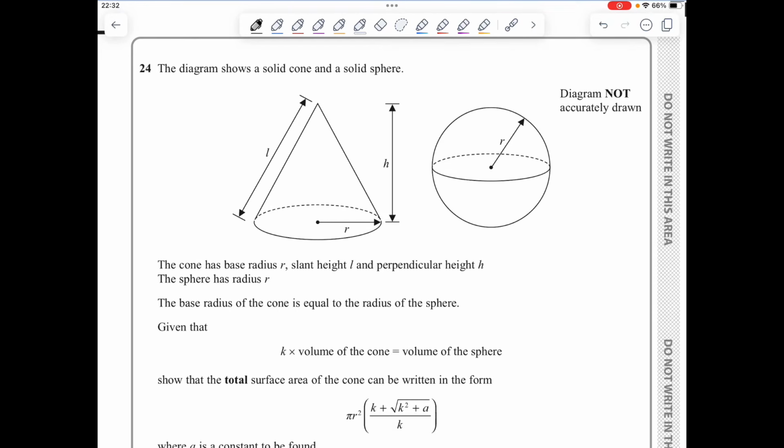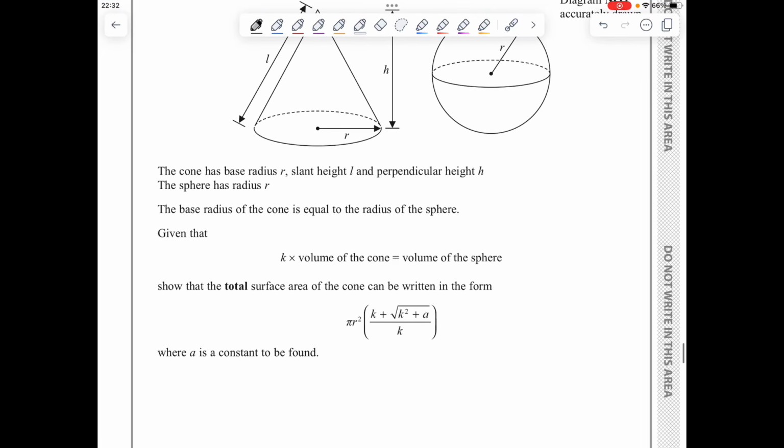Now for question 24, I will start from the end. I'll start with what I need to find: the total surface area of the cone, and show that it is equal to this expression. Note that this expression has no h, which is the height of the cone, and no L, which is the slant height of the cone.